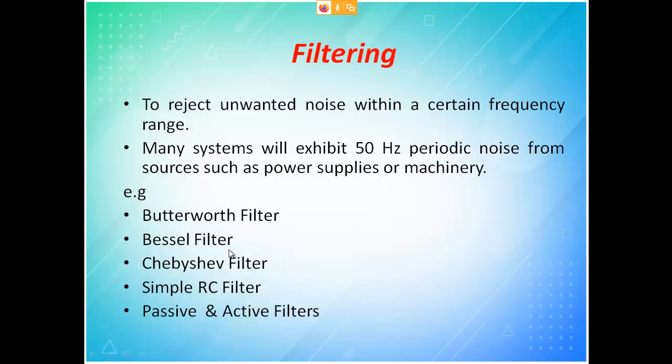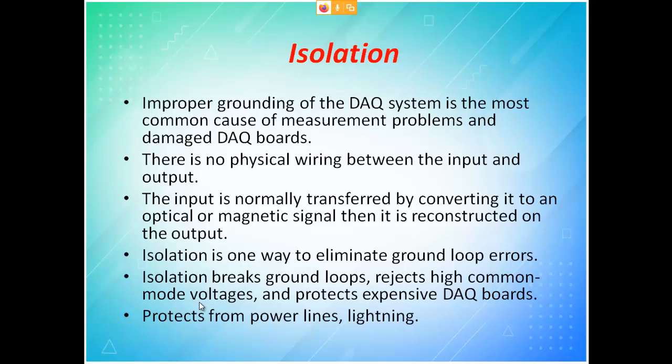So digital filters play a major role, like you can select a particular window and that particular window frequency alone you can allow, and the remaining frequency you can cut. All such things are not as easy in your simple RC and passive and active filters. So that is the difference between a digital and a normal filter.